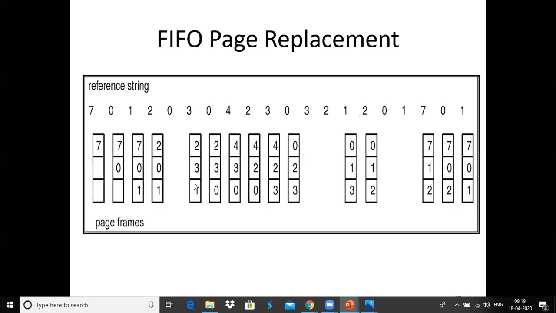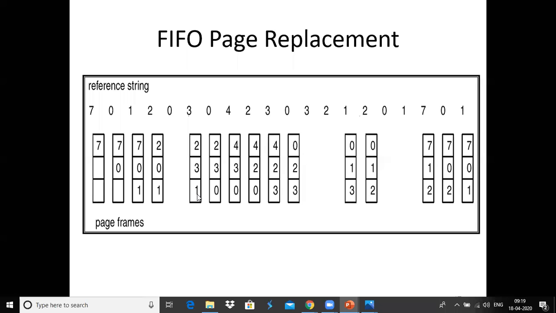And again a request for memory reference 0, but the frames are already filled in. See here 2, 3, 1 already filled in. So 0 occurs. Which page will you replace? You are applying the FIFO page replacement algorithm. So which memory reference came first?